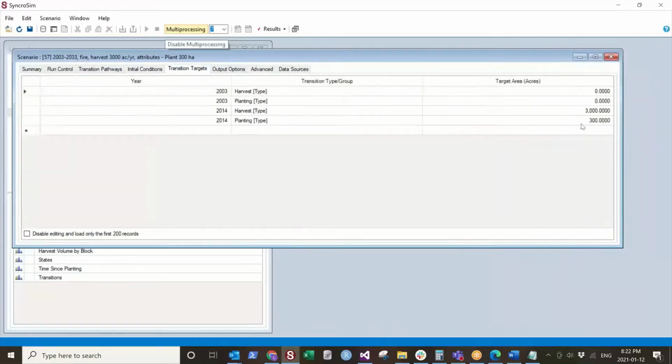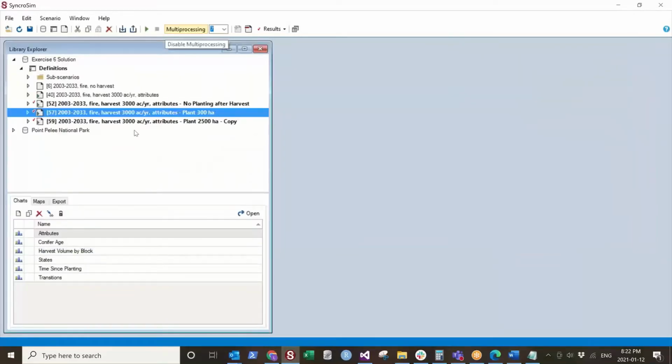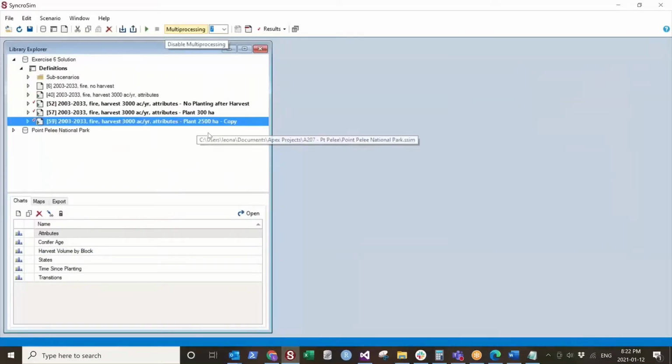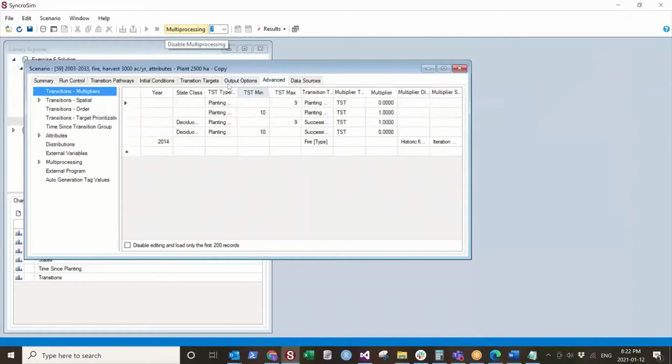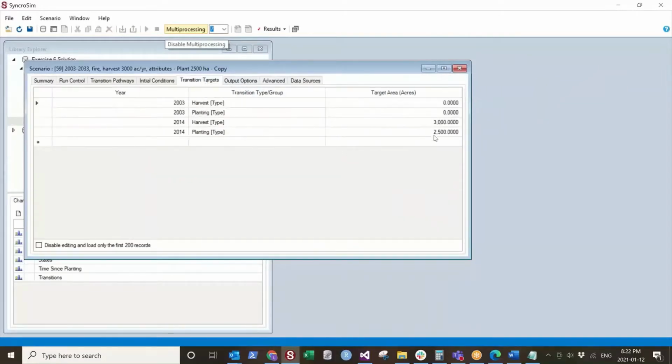What if I apply planting to 1/10 of what I'm harvesting? And then finally, what if I apply planting to 2,500 hectares per year? So almost all of it.